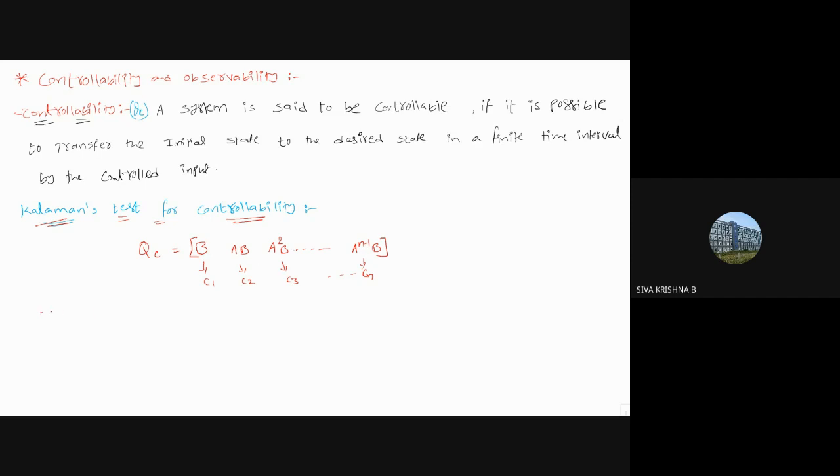How can you say whether the given system is controllable or not?